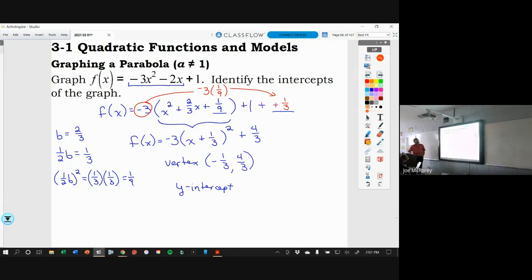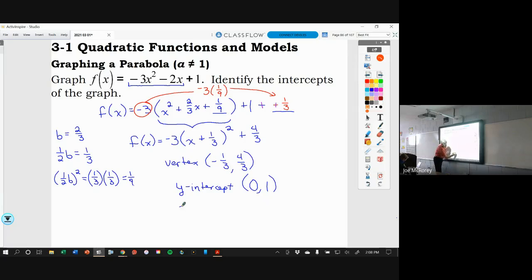Where is the y-intercept? It's 1. To find the y-intercept, x is 0. And when x is 0, y is 1.